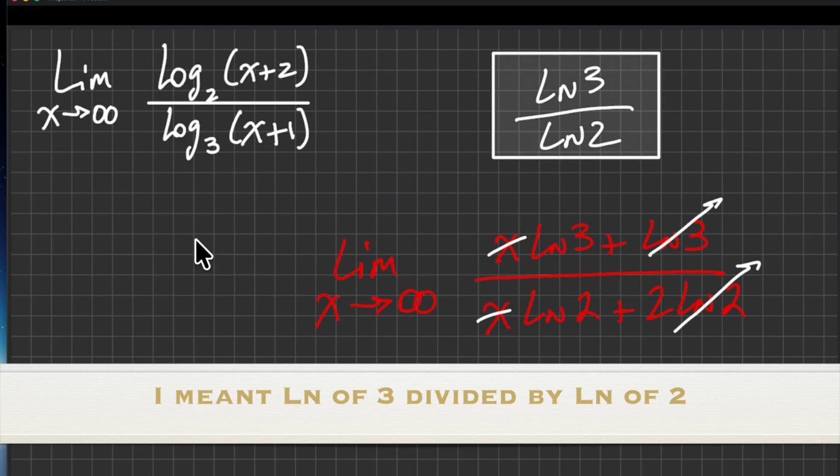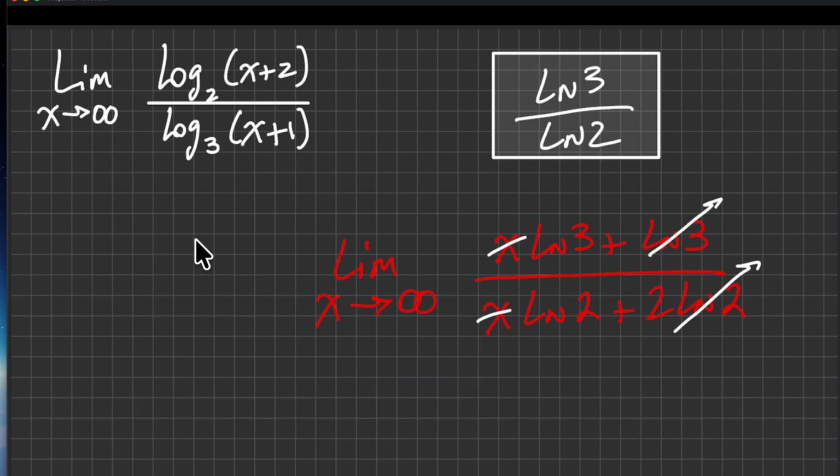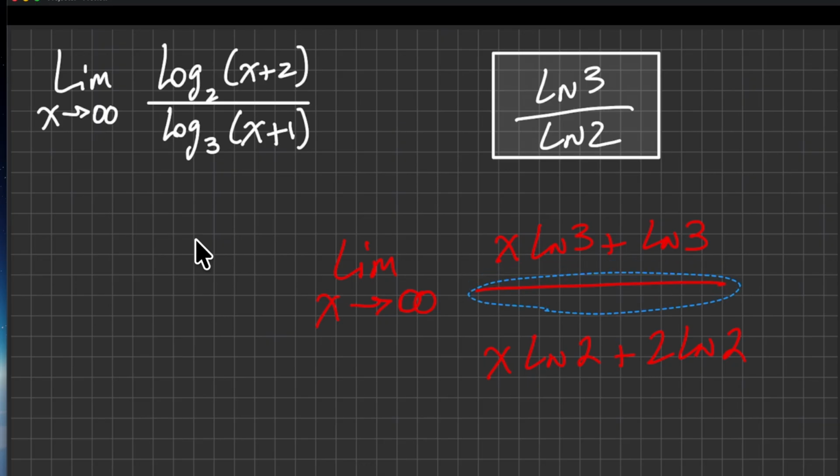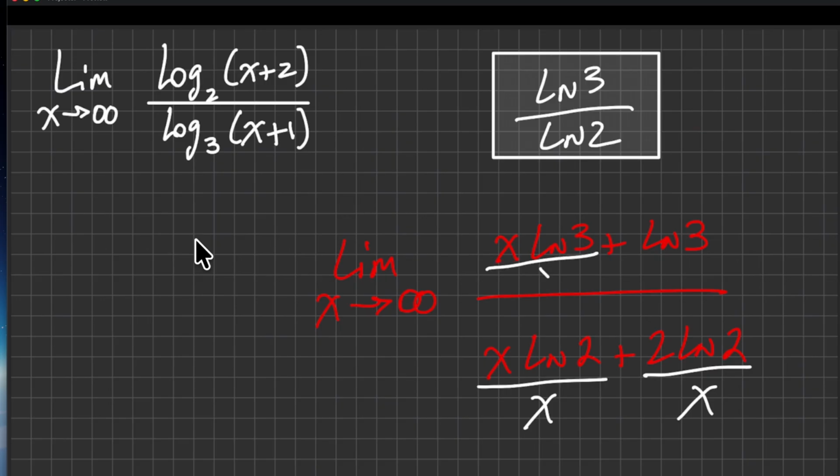If you're not a fan of using the intuition, the other thing you can do is come along and divide all the terms by the highest x degree that's in the denominator. So therefore, if we make some room here, if we divide everything by x, remember, as x goes to infinity, these terms are going to go to 0.